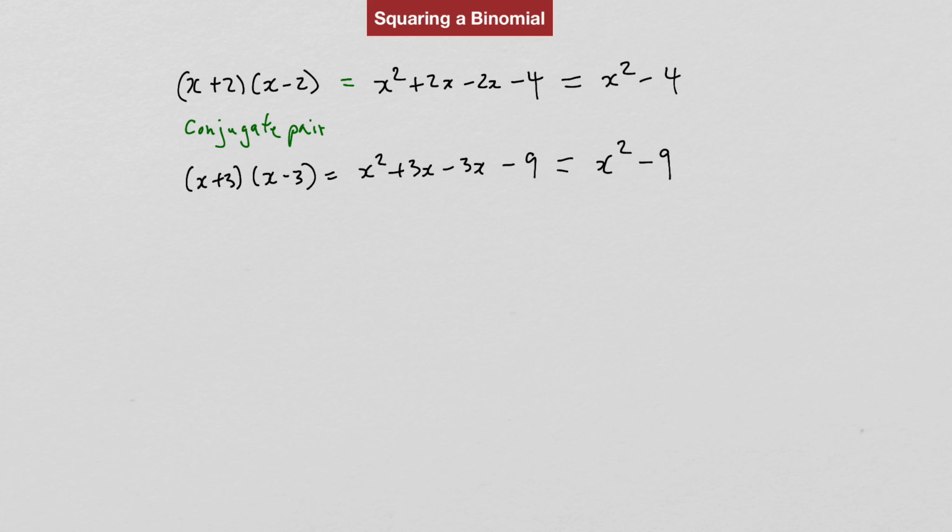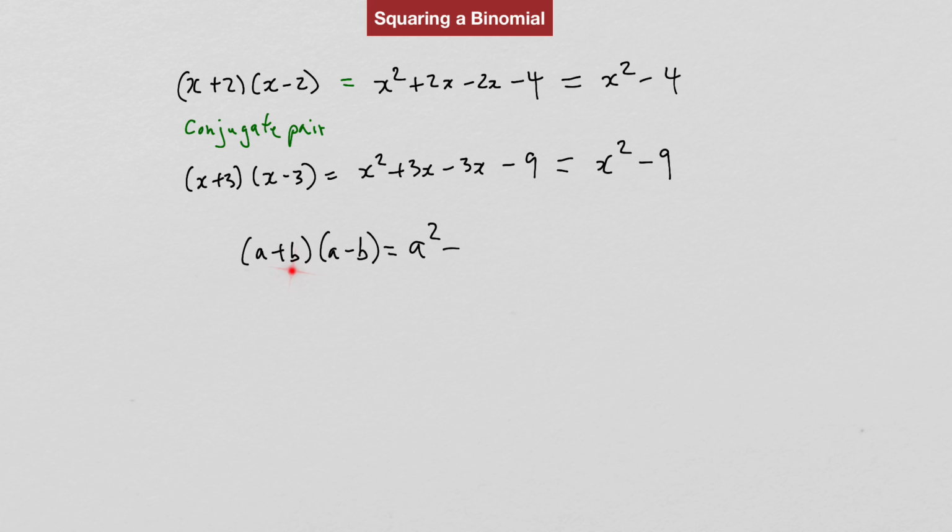If you take a look at both of these examples, you notice that the middle terms cancel each other out, and we're left with the first and the fourth. Okay? So if we were to derive a formula where we have a plus b times a minus b, that's going to equal the first term squared minus the product of the last two terms.